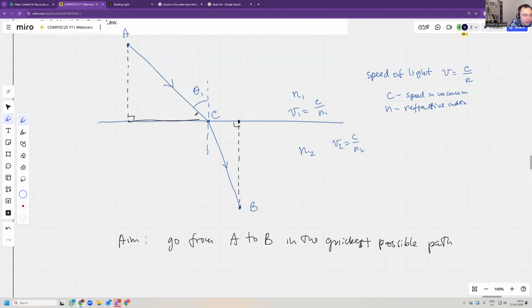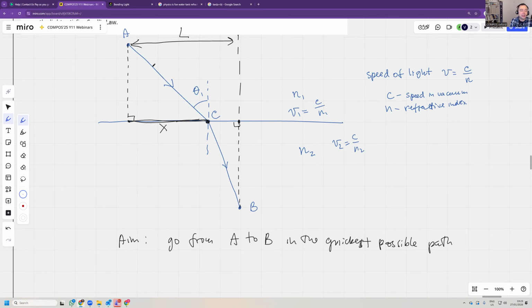Let's say that this distance is big L, and this distance is X. We're solving for X, where the light ray should hit the boundary in order to go to B in the quickest possible way.